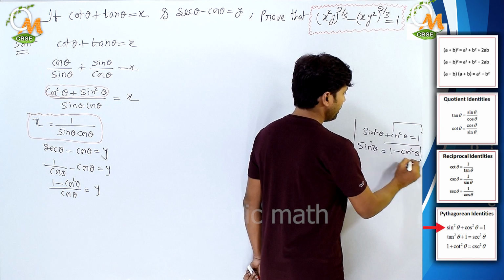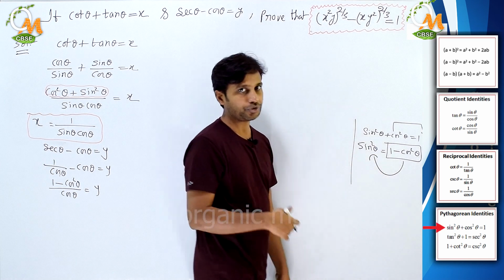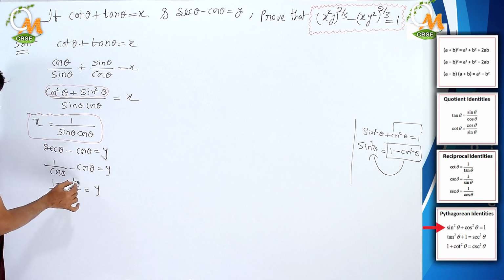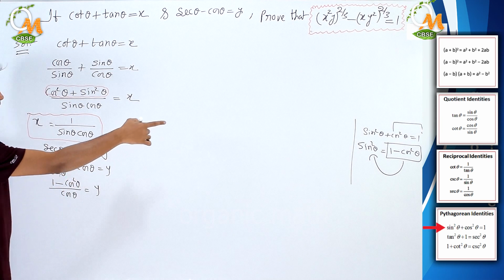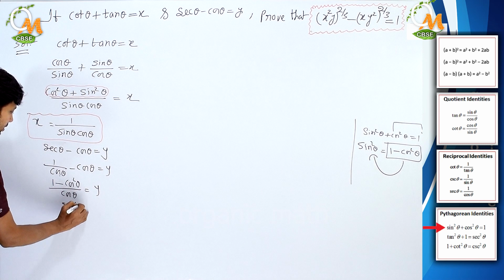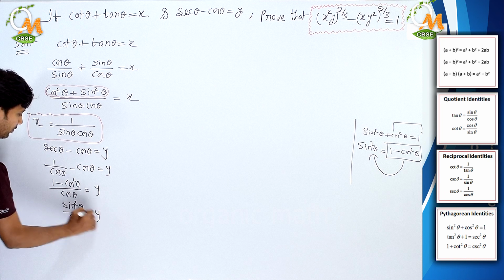So 1 minus cos square theta can be replaced by sin square theta for all values of theta. We obtained 1 minus cos square theta here, so instead of that we can write sin square theta. Sin square theta upon cos theta equal to y.